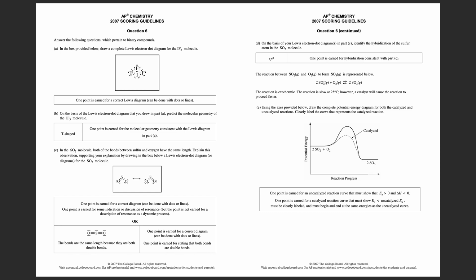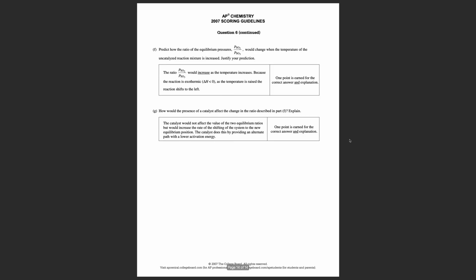So a catalyst does not change the equilibrium position, but it does help the forward and the reverse reaction happen faster, and you're still going to reach that same equilibrium position. Catalyst does not affect the two equilibrium ratios, but would increase the rate of the shifting system to the new equilibrium position. Okay, the catalyst does this by providing an alternate path with a lower activation energy.